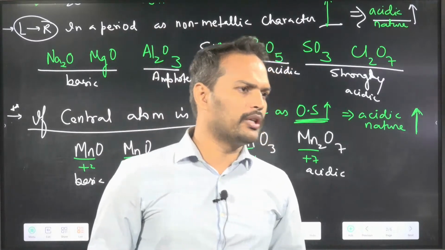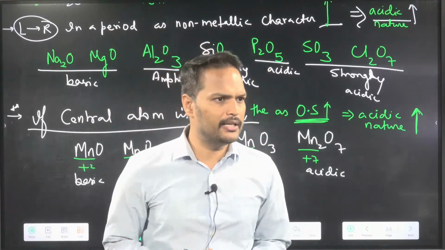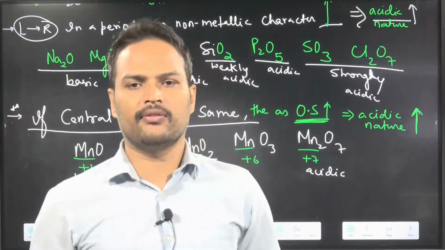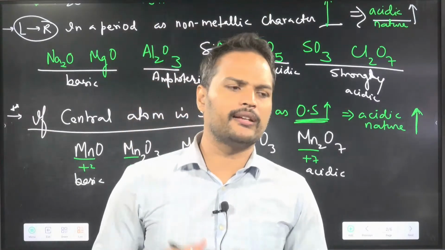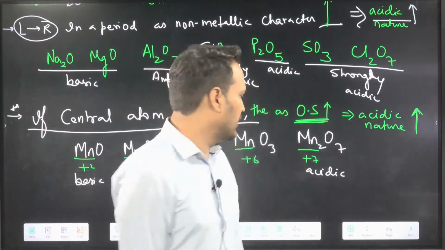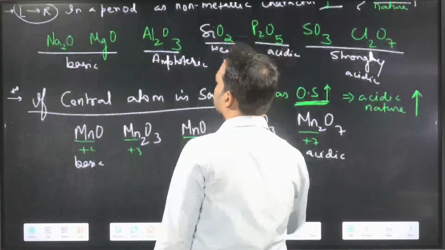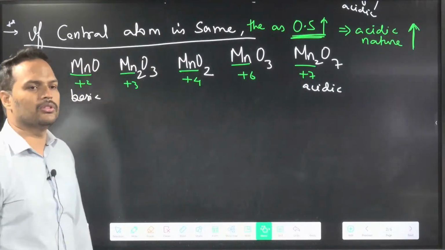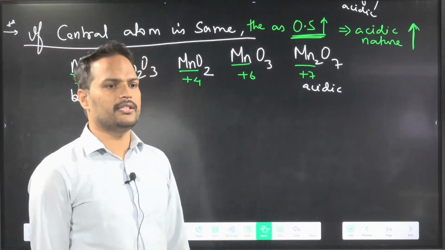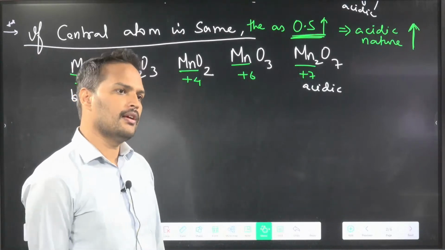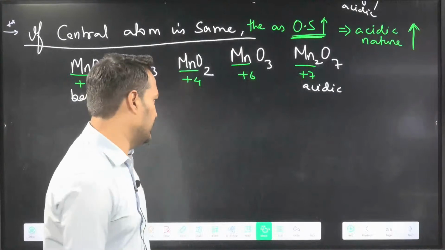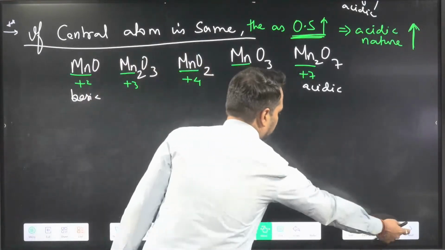Basic oxide, put in water, you will get base. Acidic can react with base, base can react with acid, amphoteric can react with both. Is it clear? In a period, acidic strength increases, down the group, basic strength increases. If element is same, check the oxidation state. Done.